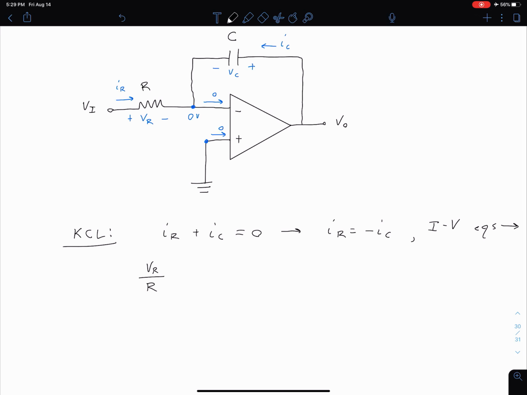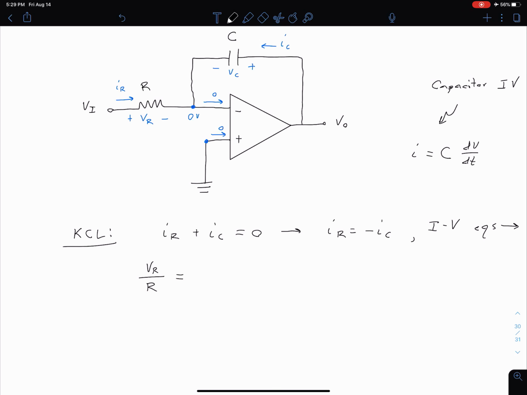For our capacitor, however, it's a little bit different. Remember, for a capacitor, we have I equals C dV dt. This is our capacitor IV. I will point out that our capacitor is a passive element, so our passive sign convention is going to apply to our capacitor as well.